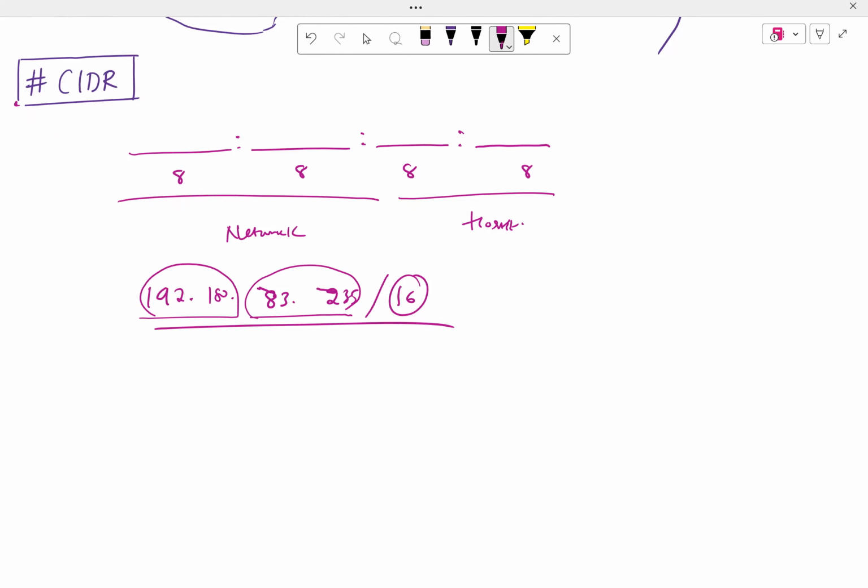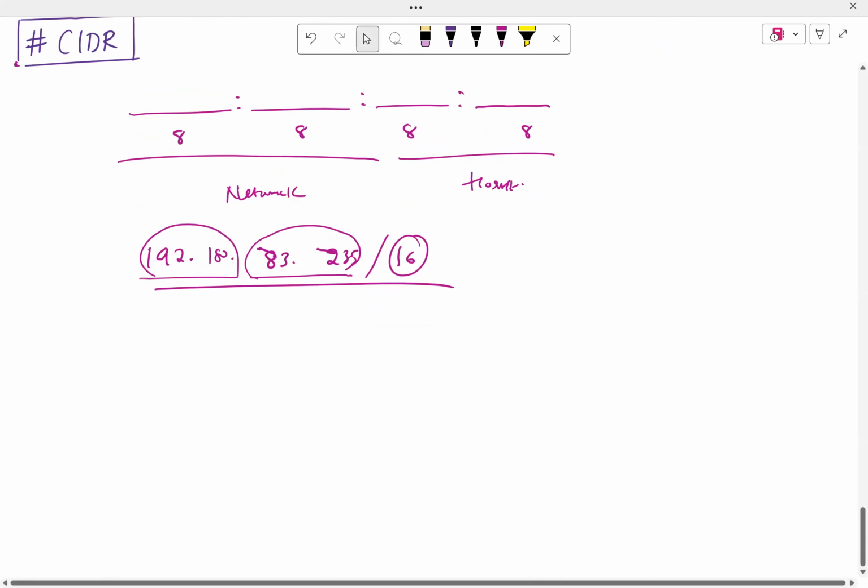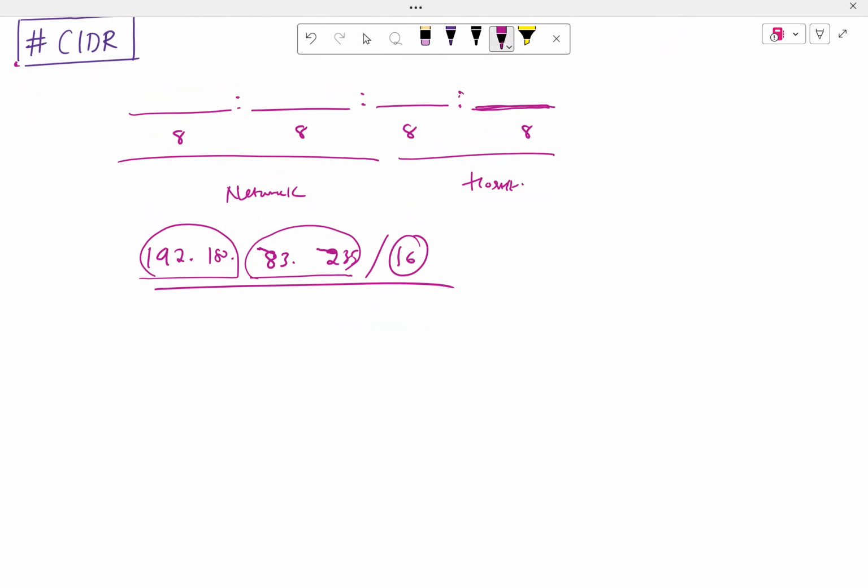Earlier you had to choose one of the class A, B, C, or D networks. But now you can choose much more efficiently and easily which representation you want. You can also write it like this: 191.180.83.235/30.